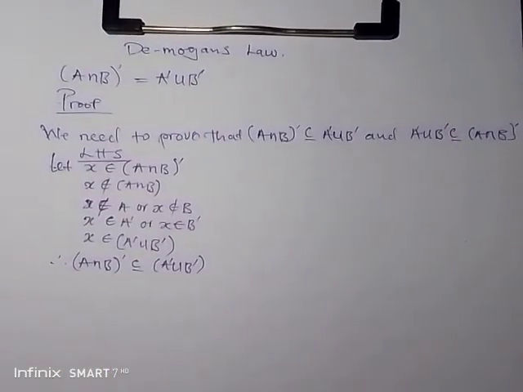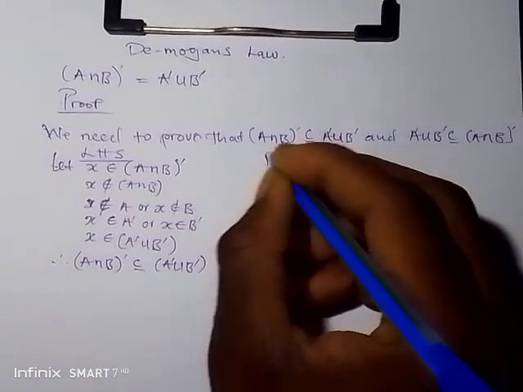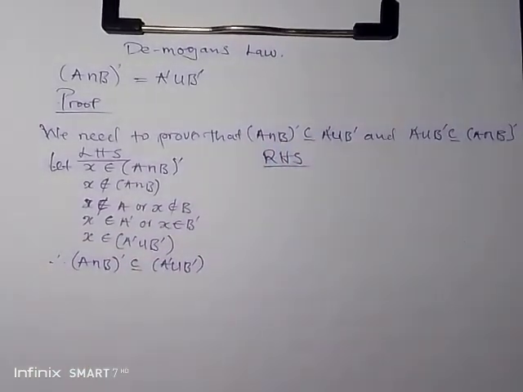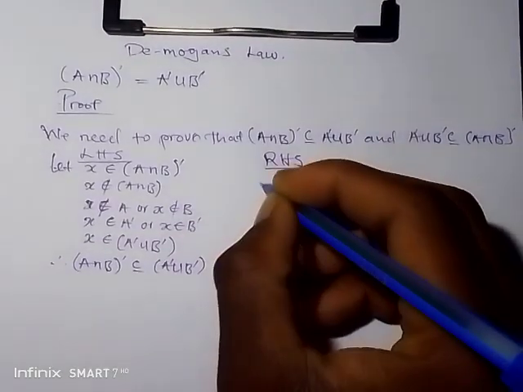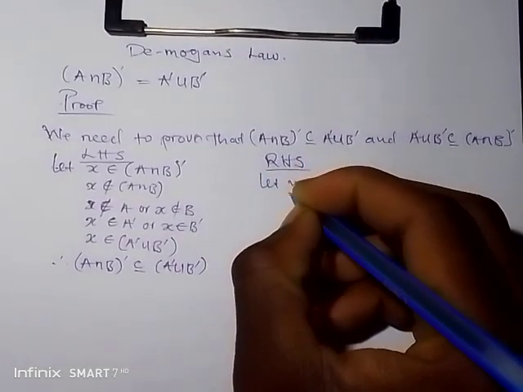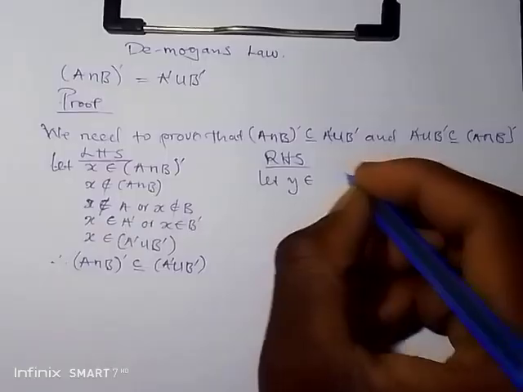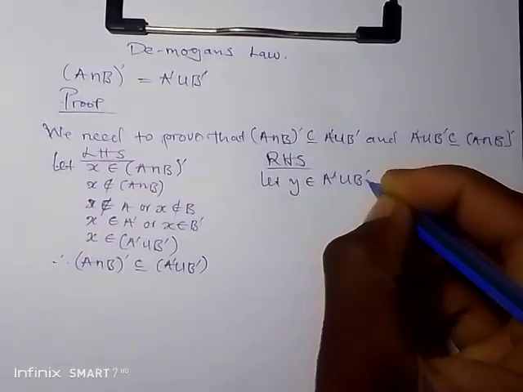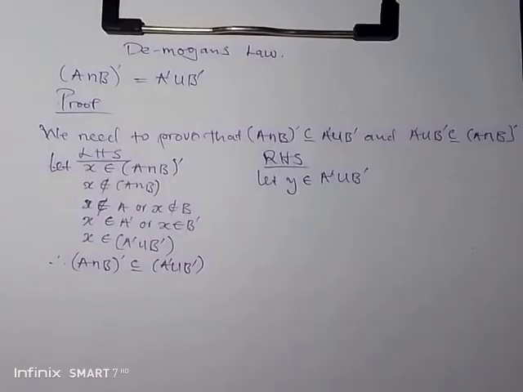So for the right hand side, let Y be a member of A complement union B complement.